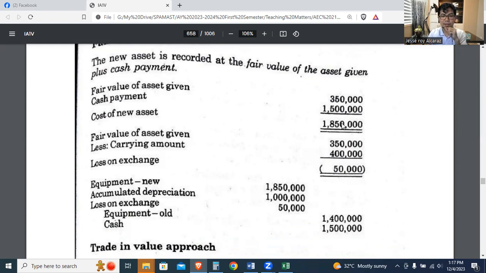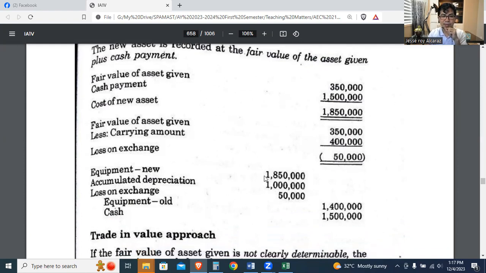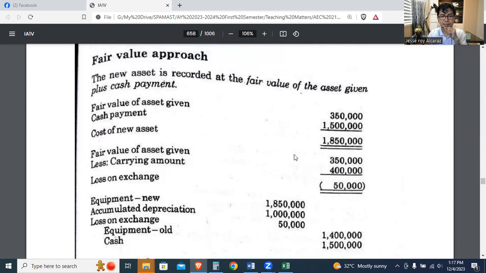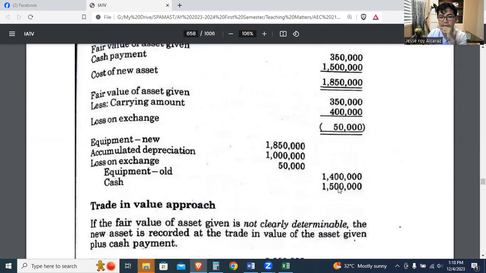So, 1,850. Okay, so debit equipment, and then the fair value of the asset given, 350, then carrying amount, 400. In our books, the equipment is recorded at 400. But its fair value is only 350. Therefore, we have a loss of 50,000 in that exchange.